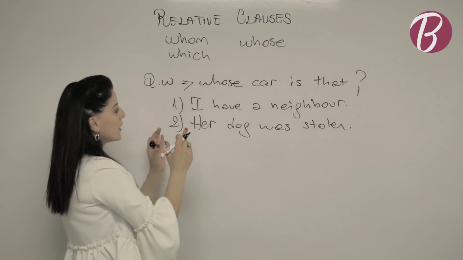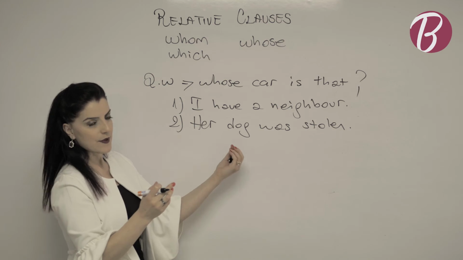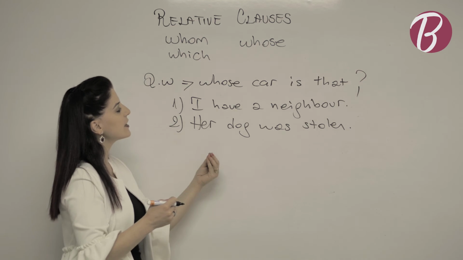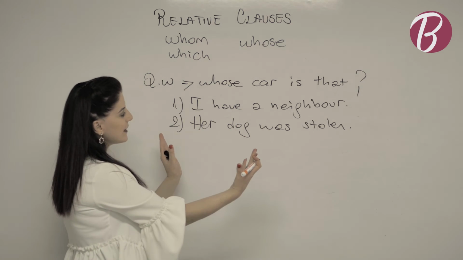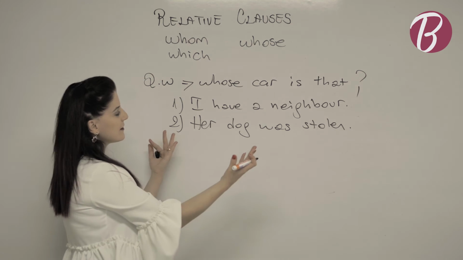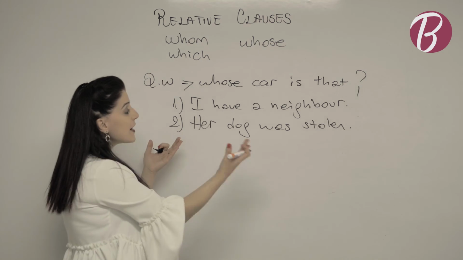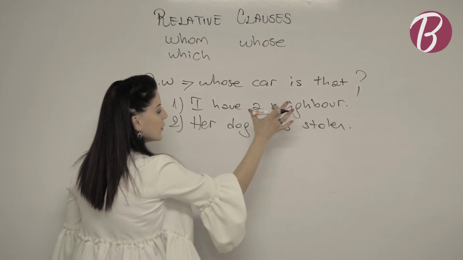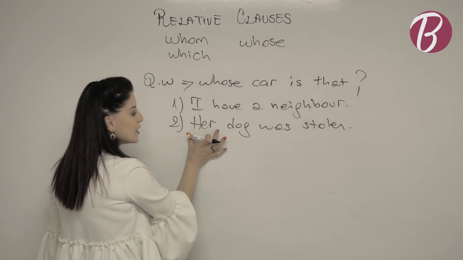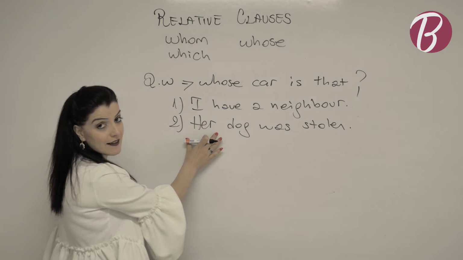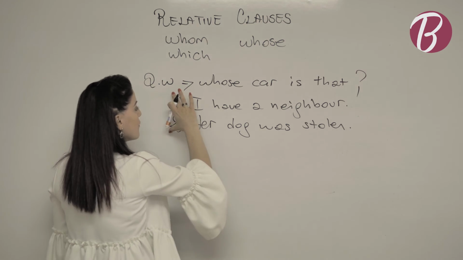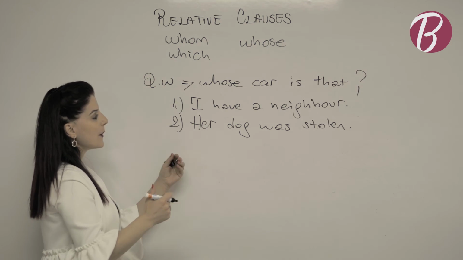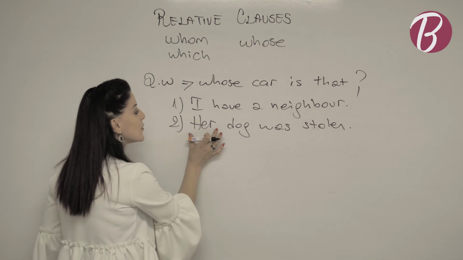So here we can see clearly we are going to give information about our neighbor and what is the special feature, what is the activity or what is the information about our neighbor. About the neighbor, you can see here her. So this is a possessive adjective. So while combining those two sentences, I should be careful because I'm going to talk about her possessiveness.